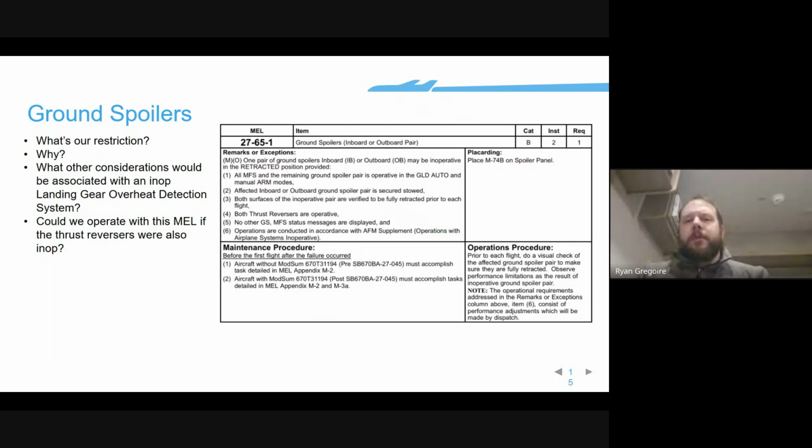What's another restriction that we would probably have to deal with if one of our sets of ground spoilers was inoperative? Thinking about what the function of the ground spoilers is, how else might this impact the way we dispatch this flight? And might limit what we can and cannot plan.